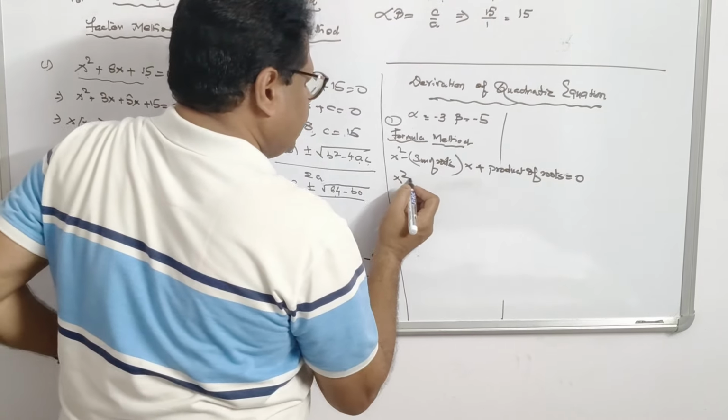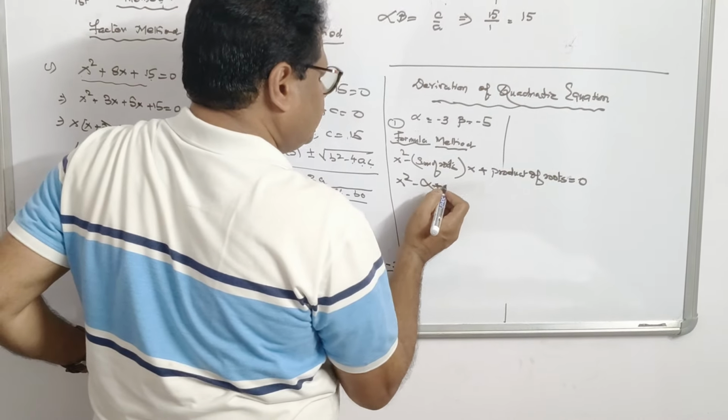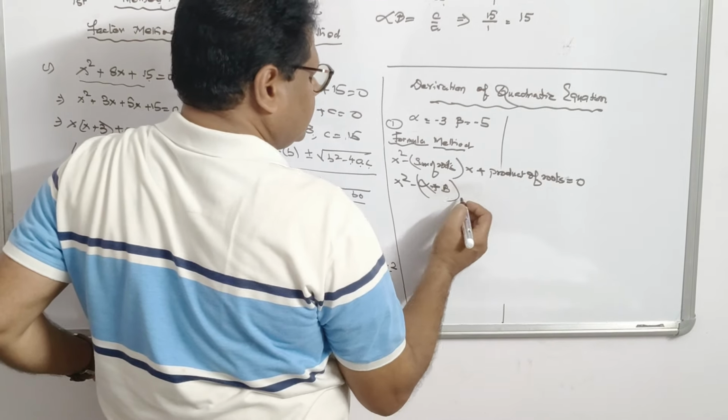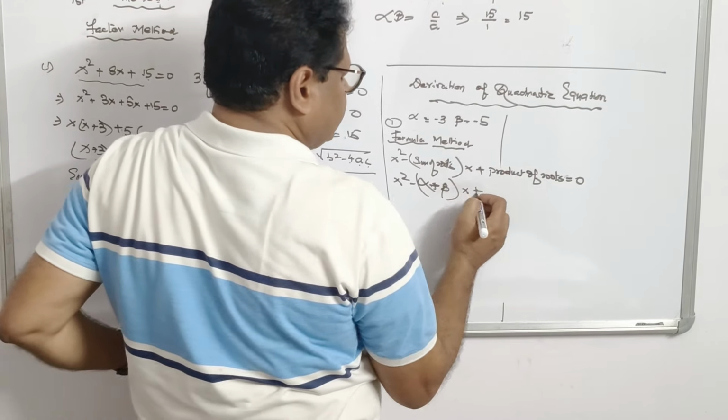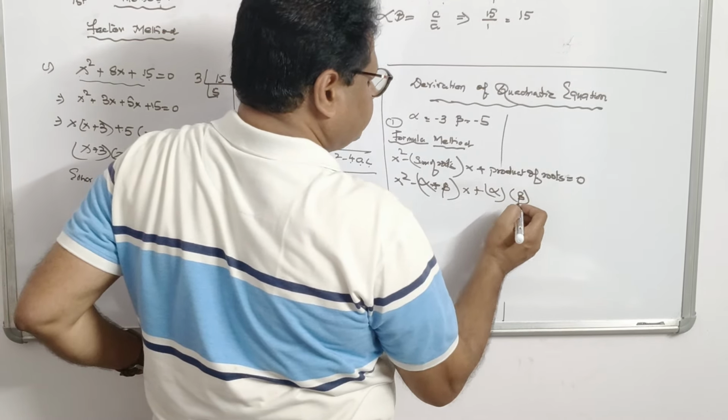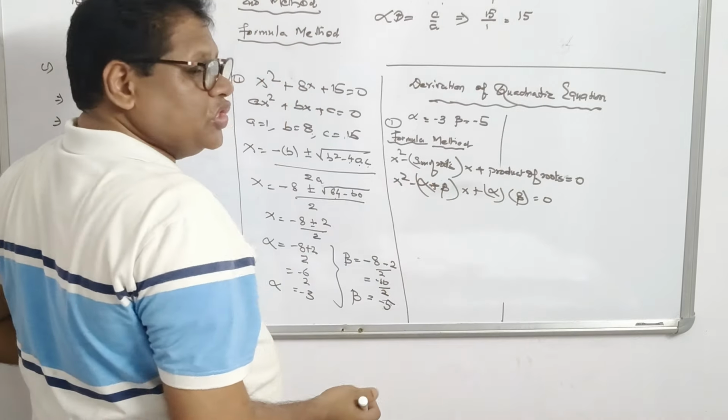That means x square minus, within bracket, the sum of roots alpha plus beta, into x plus, within bracket, the product of the roots alpha into beta. This will help you to solve immediately.